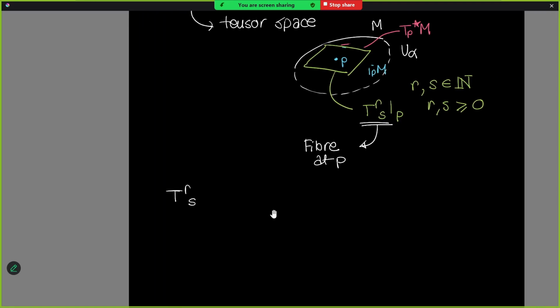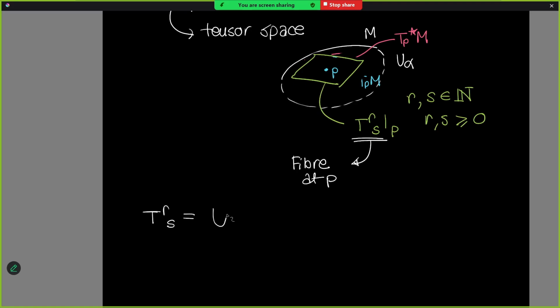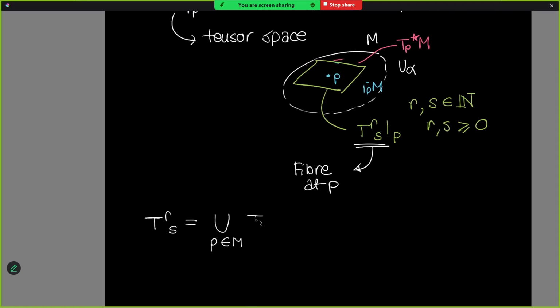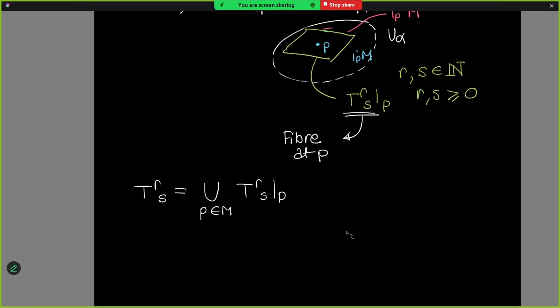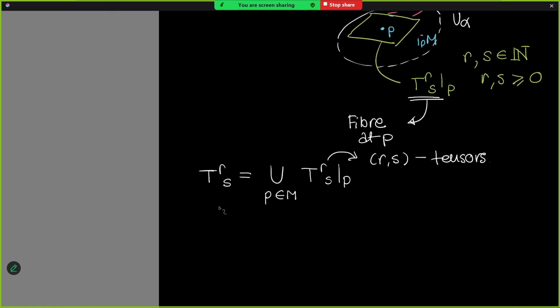We no longer restrict it to P. So then TRS is equal to the union of P element of M of TRS P. So if we take every one of the similar, so if the rank is the same, so if we have RS tensors, then we get the RS tensor bundle.